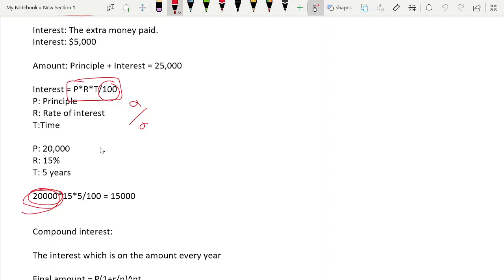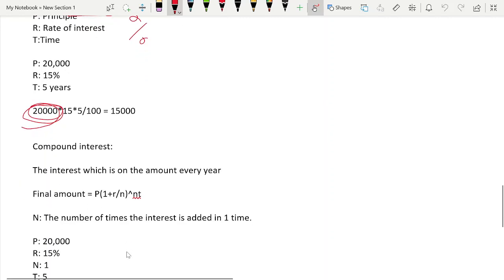In 1 year, you will have to pay 3,000 more interest. In 2 years, you will just have to pay 6,000 interest. In 4 years, it will be 9,000, and then 5 years, it will be 12,000. Wait, I'm getting confused. But basically, in compound interest, it's just that you add the interest on the final amount.